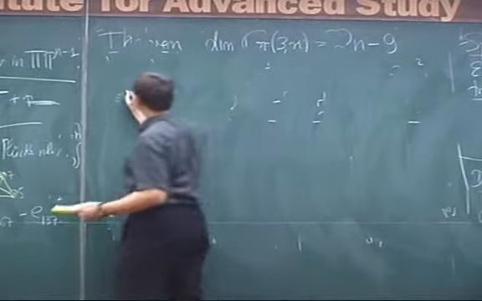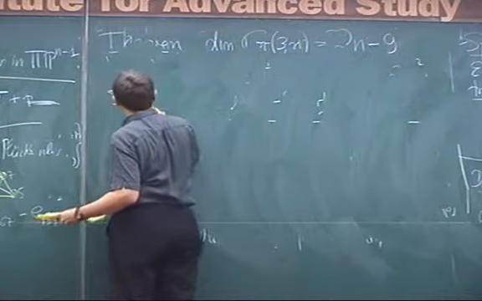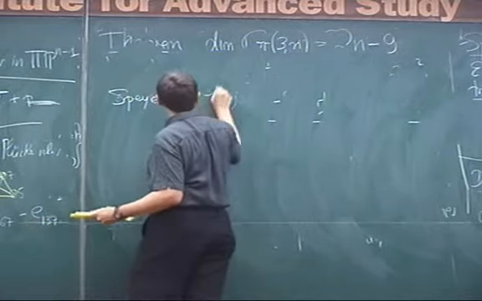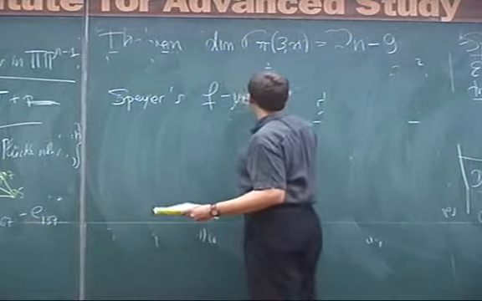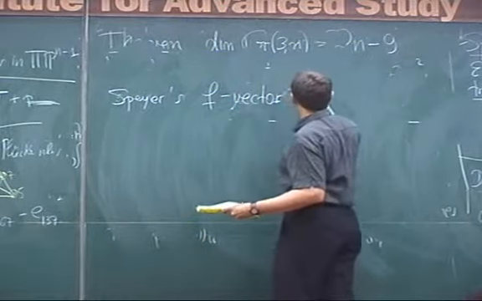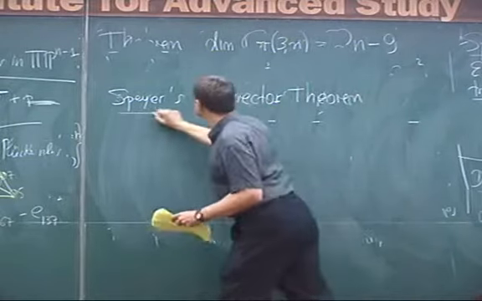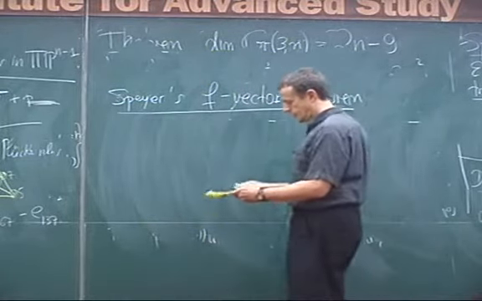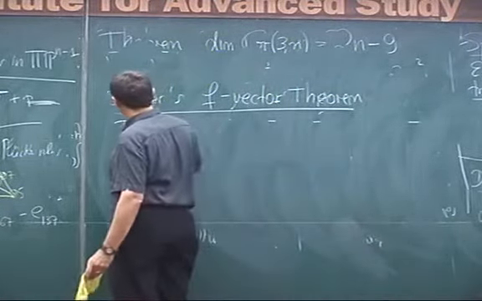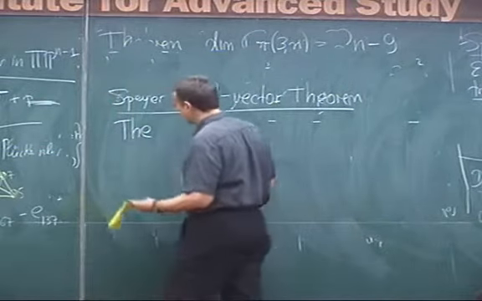This is Speyer's f-vector theorem. So this tells you about the global combinatorics of a tropical plane.